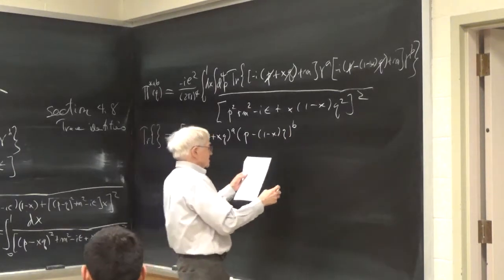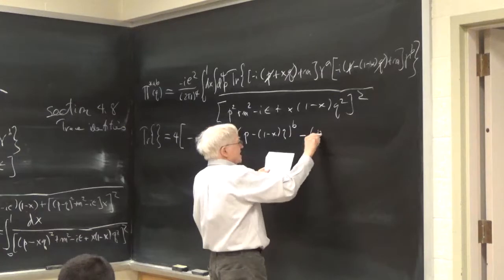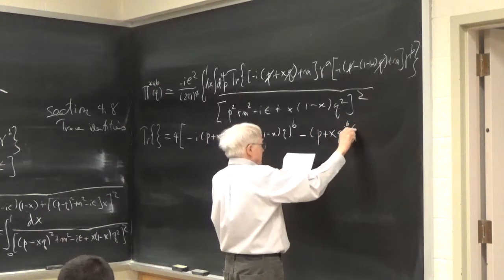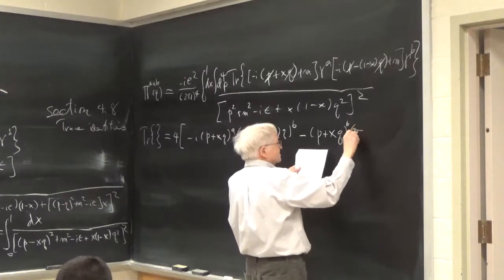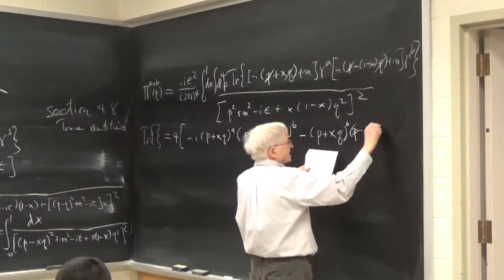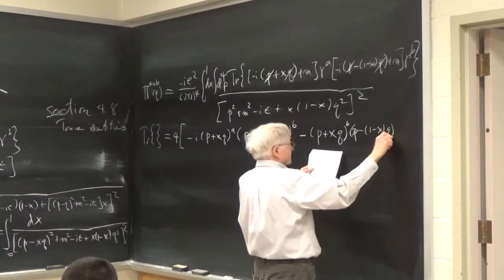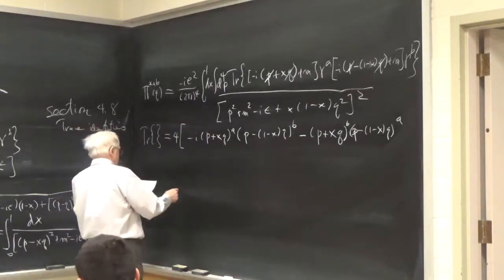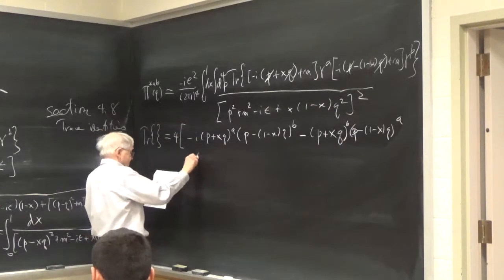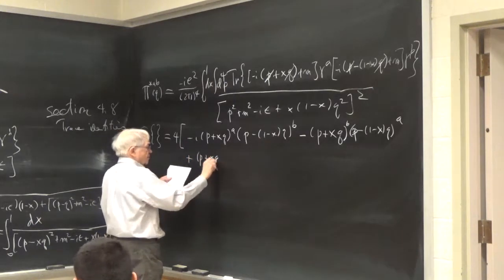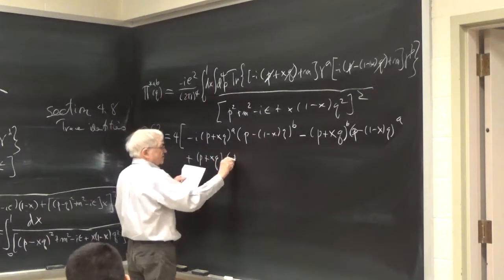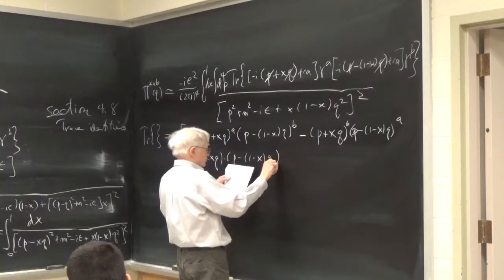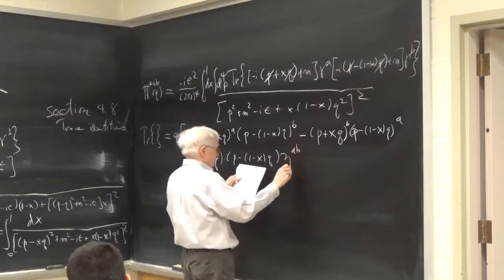I'm going to write this a little differently from the way Weinberg writes it. (p plus x q)^b (p minus (1 minus x) q)^a, and then plus (p plus x q) dotted into (p minus (1 minus x) q) times eta^ab.